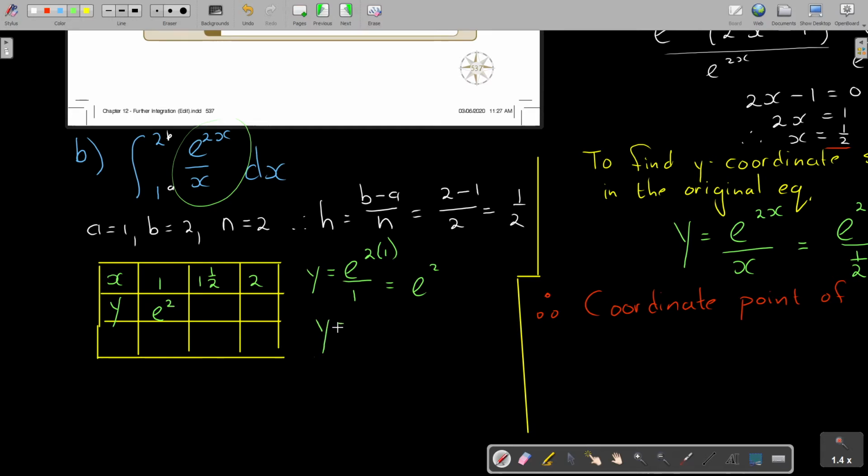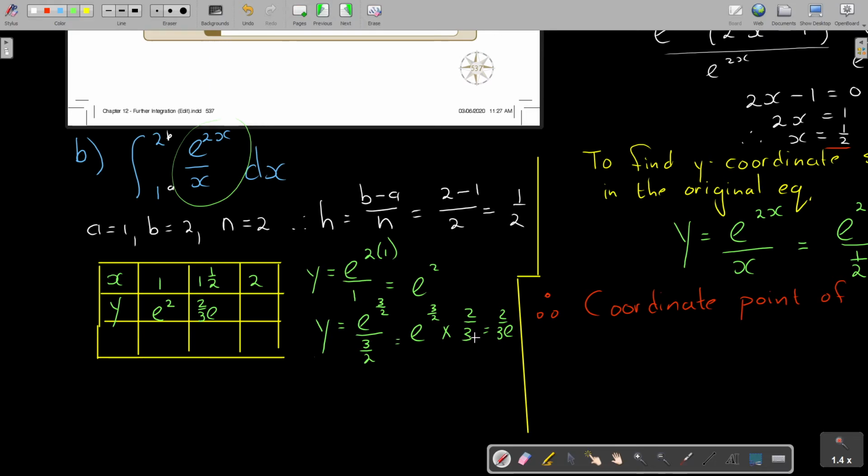And then y is equal to e to the power of 3 over 2, over 3 over 2, and that's e to the power of 3 over 2 multiplied by 2 over 3, and that's 2 over 3 e to the power of 3 over 2. Okay, let's just see.